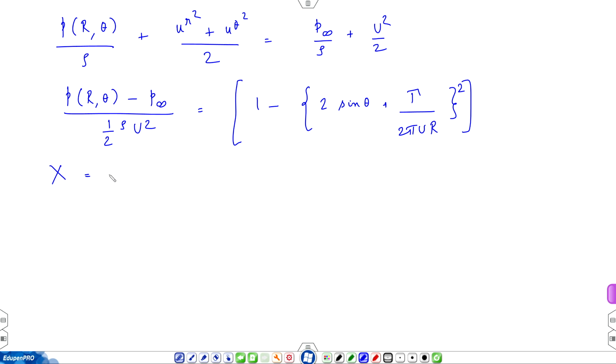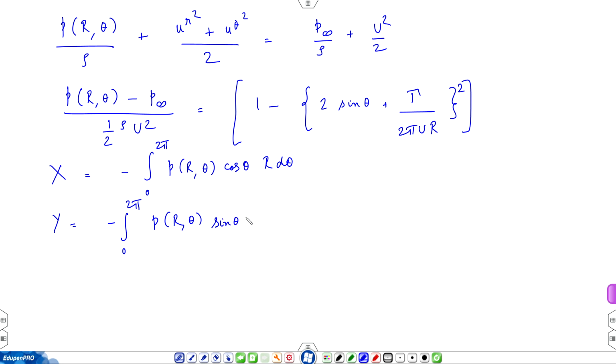This x is equal to, these are you know how to find forces, right, from pressure.